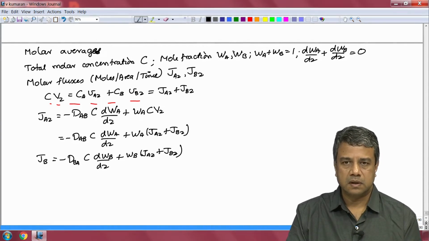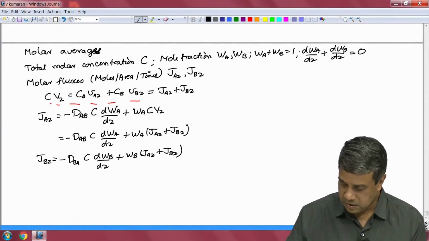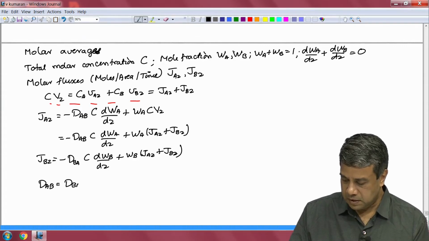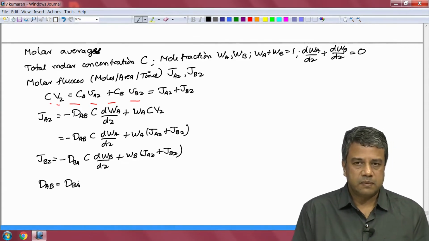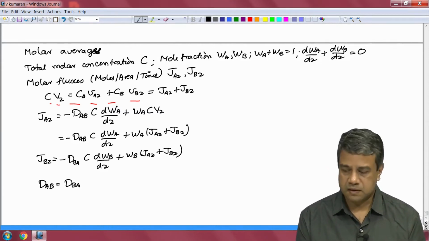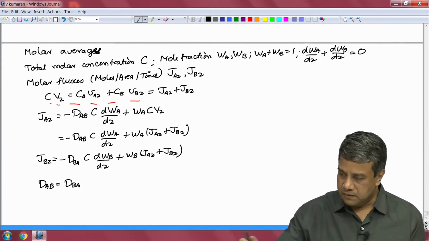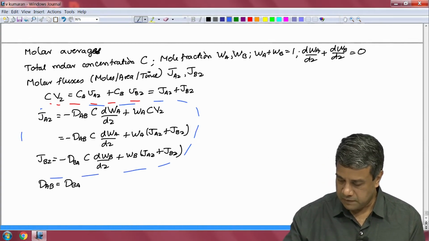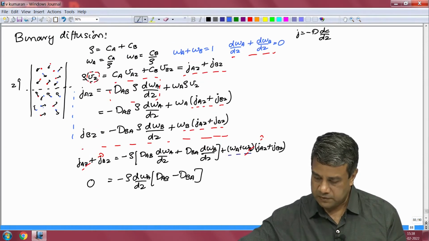Therefore, we can add up these two equations again, and what you will find is that DAB is equal to DBA, in a manner very similar to what we had done for the mass average velocity. So, these are the constitutive relations for the mole averaged flux and for the mass averaged flux.